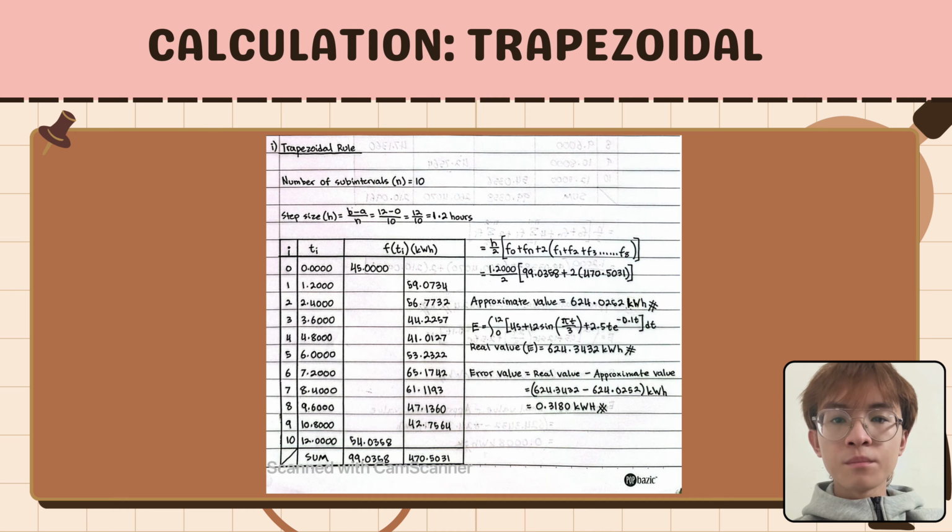This is compared with the exact value obtained from integration of the given function, which is 624.3432 kilowatt. The difference between the exact and approximate values is 0.3180 kilowatt, showing that the trapezoidal rule provides a very accurate estimation with only small error.